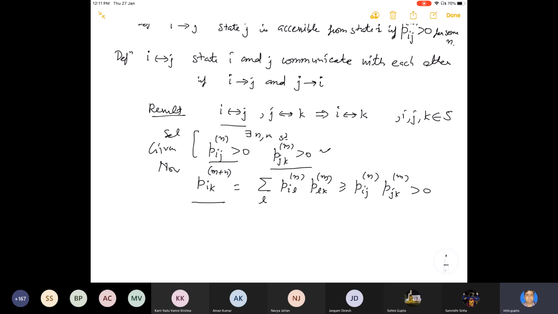Similarly, the other part you can do. k is also accessible from i. So similarly, you can show that i is accessible from k. So therefore this proof will go on, and the proof will be complete basically in this fashion. So therefore, this is the result.